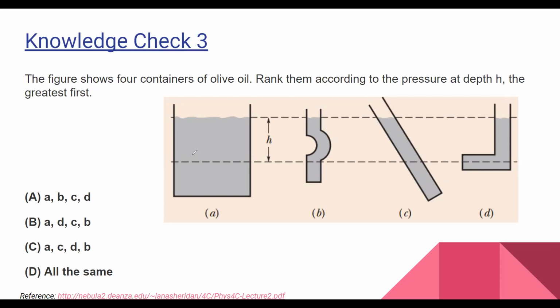So it really just comes down to the density of the fluid, remember? And since the fluid is exactly the same, it's all olive oil, the density would be the exact same. G is a constant, and here H is set to be constant. It's the same depth across all 4 objects. So these weird shapes that you see have no bearing on pressure.